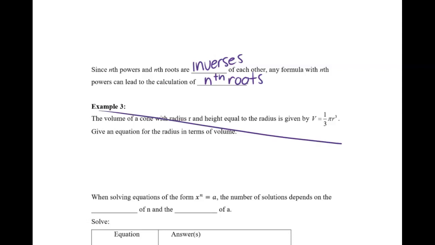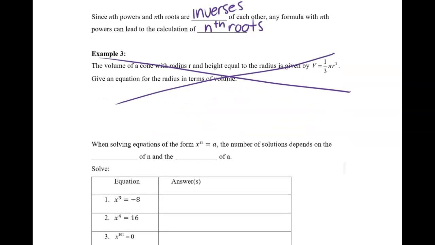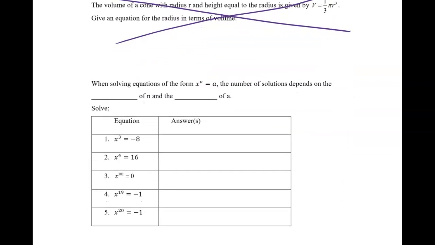We're skipping example 3, nothing wrong with it. We'd probably do it if we were in class, but we're not. When solving equations of the form x to the n equals a, like x to the 3rd equals 8, for example, the n and the a will be numbers, and the x will stay, it could be any variable.